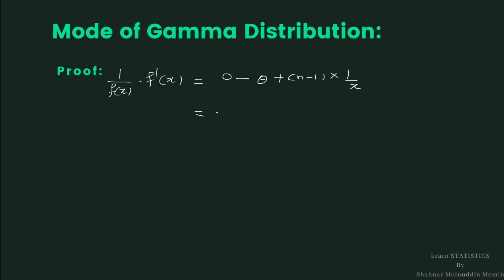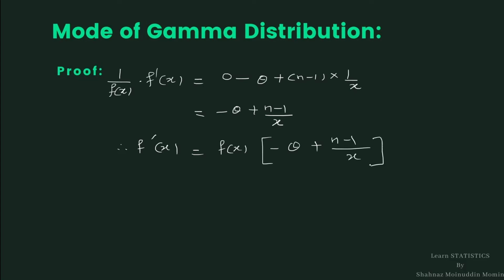So it is minus theta plus n minus 1 divided by x. Therefore f dash x is equal to f(x) into minus theta plus n minus 1 upon x. Call this equation 2.